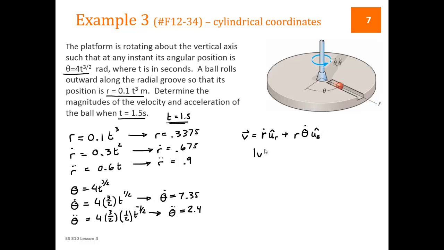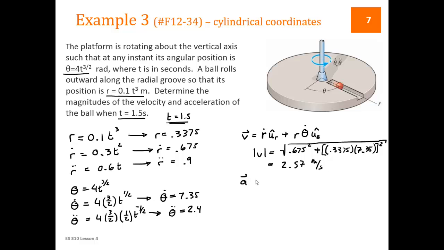So the magnitude of v is equal to the square root of r dot, which is 0.675 squared, plus r, 0.3375, times theta dot, which is 7.35, both of these, so quantity squared, square root. Plug those into the calculator, you get 2.57 meters per second.